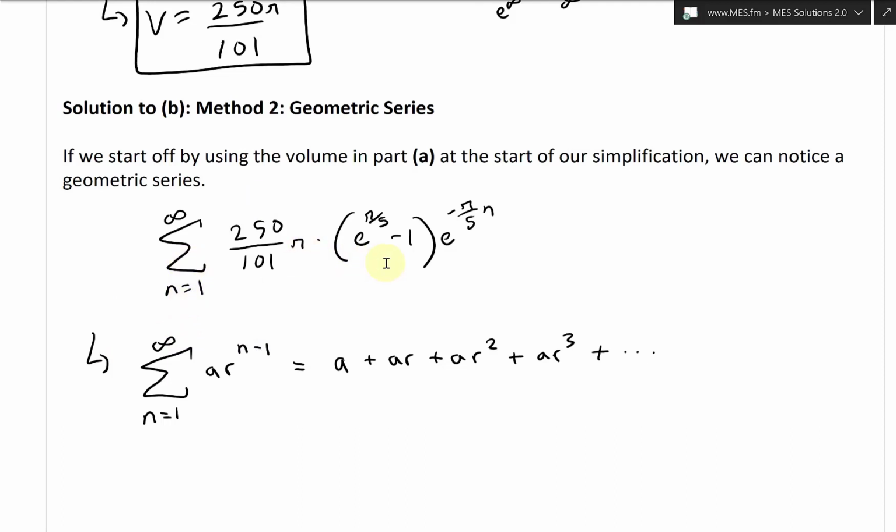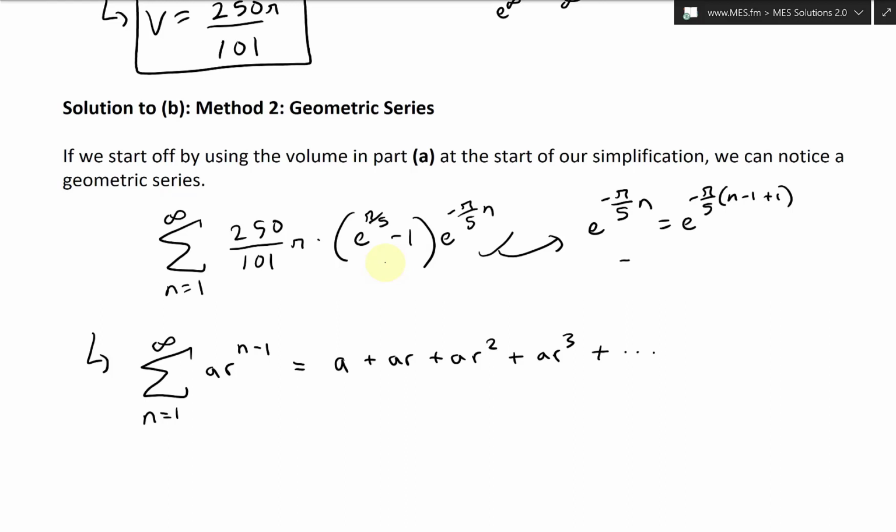So what we can do is, first of all, note here that e to the negative pi over 5 n is equal to, I'll just put a pi over 5, so n minus 1 plus 1, so that we can get the n minus 1 set up.